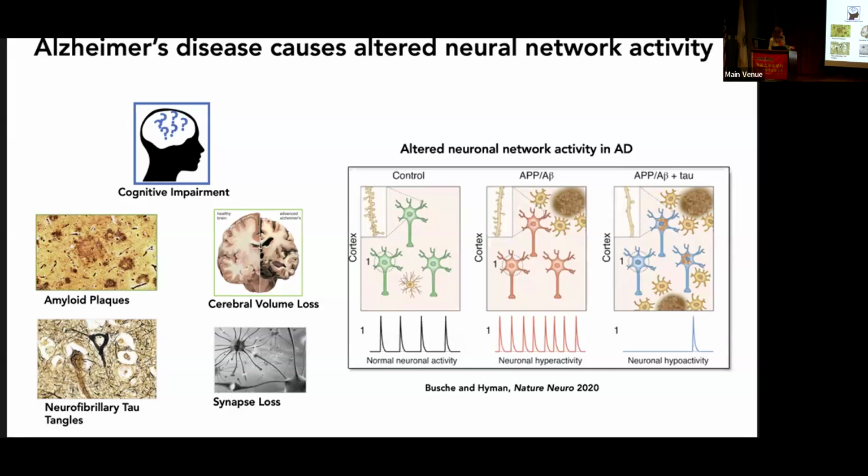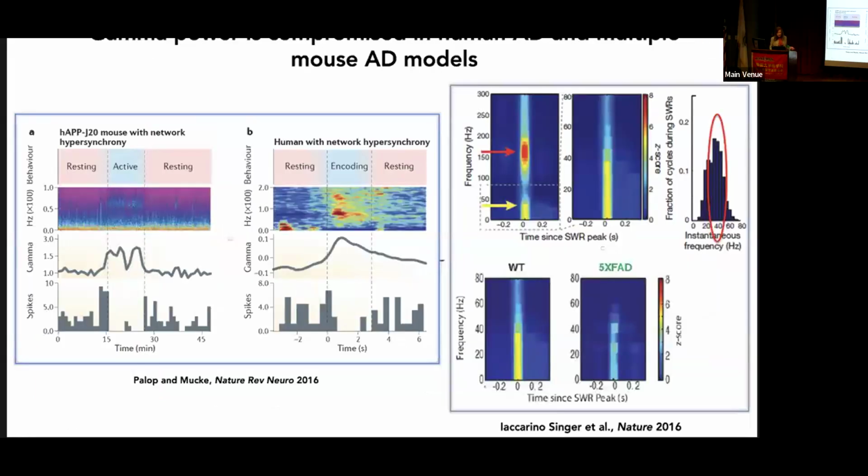But later on, after tau pathology emerges, the network instead adopts hypoactivity, so reduced neuronal network activity. And in particular, gamma band oscillation has been shown to be compromised in Alzheimer's disease.